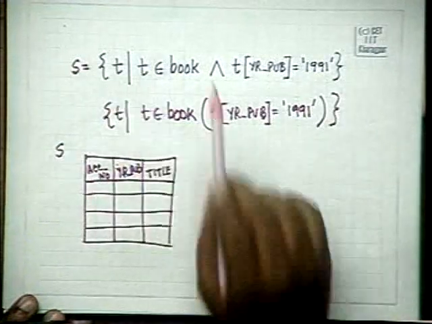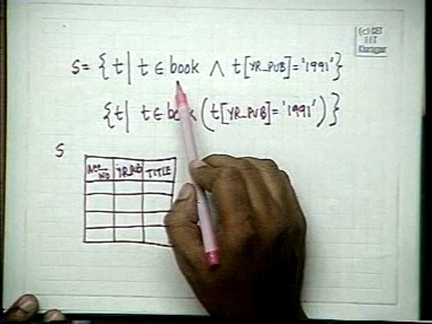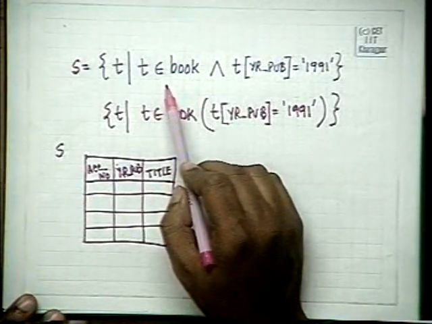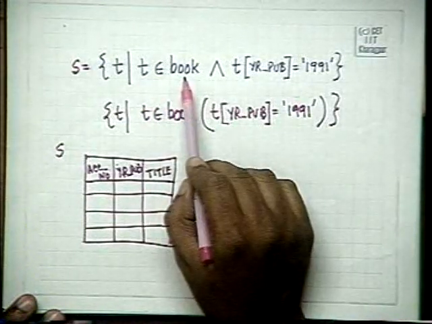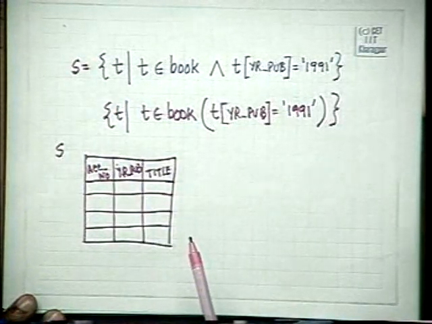So this is how we get the attributes if I have T element of book. There are other ways to get a subset of the attributes which we shall come to later on. But in the simplest case, when we write just T element of a relation R, all the attributes of that relation are attributes of the new relation formed as well.